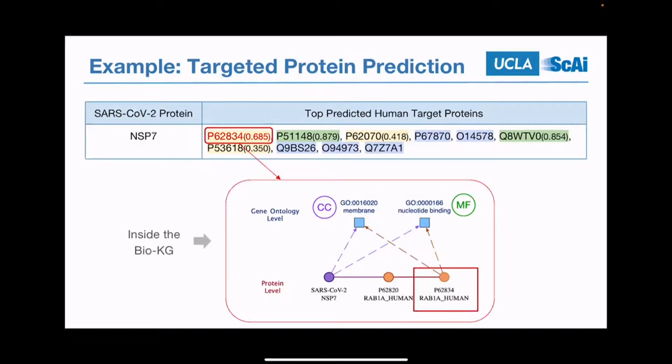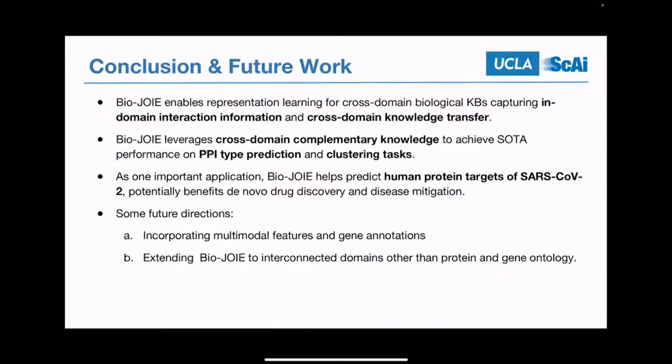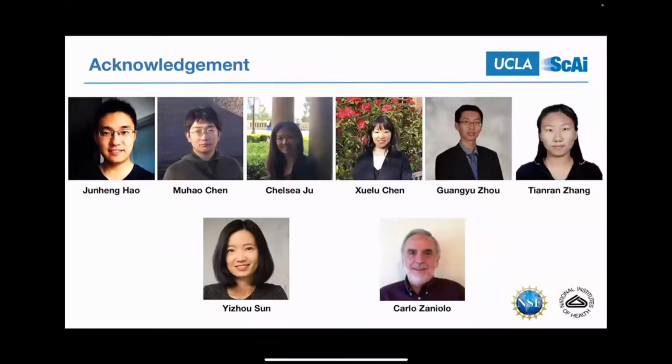I think it's quite an interesting result. We can indeed make some good predictions that may provide scientists with some candidates for hypothesis testing. I'm running out of time, and I would like to leave a couple of minutes for questions at the end. But before that, I would really like to thank all my students, postdocs, and the collaborators here. Thank you.